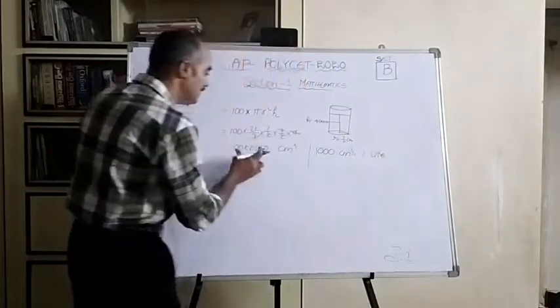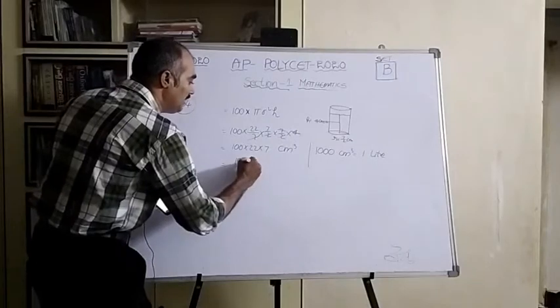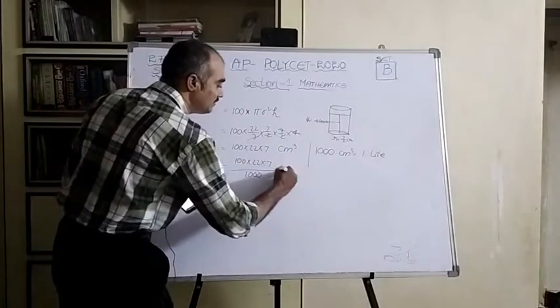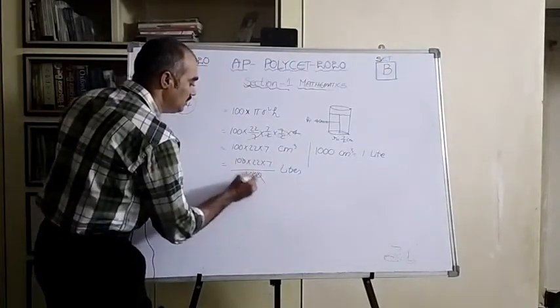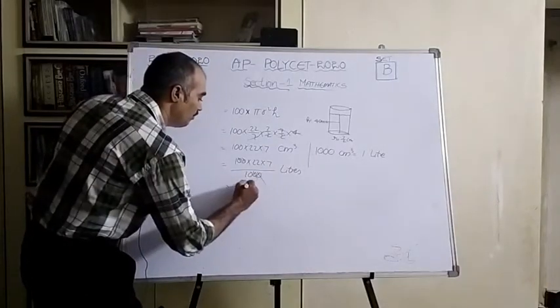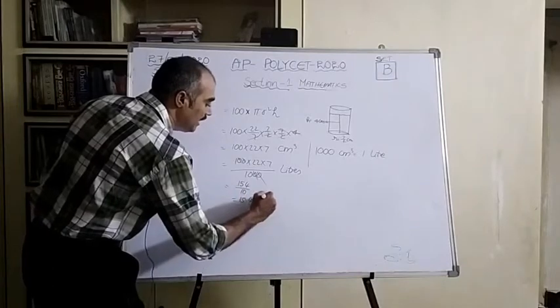So this much cm cube will be 100 into 22 into 7 by 1000 liters. Let us cancel the zeros. So 7 into 22 is 154, by 10, it is 15.4 liters.